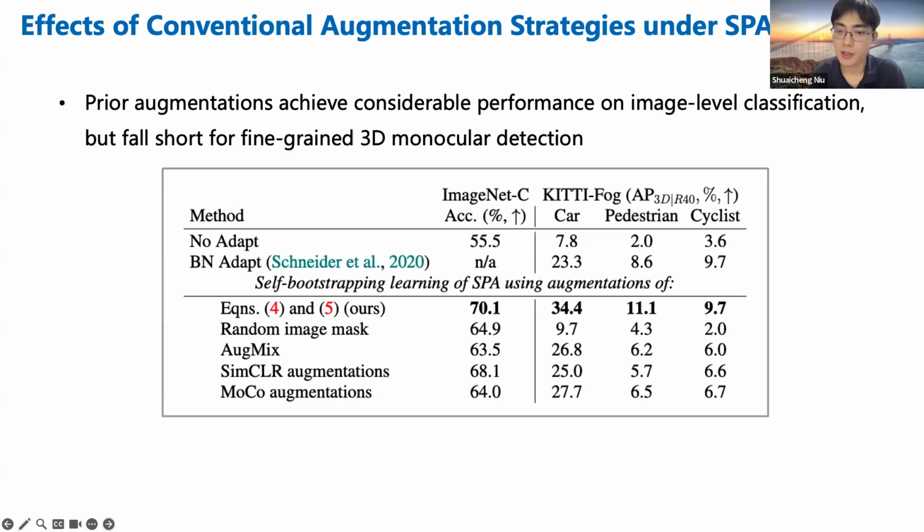This is because these augmentations, like random cropping and resizing, disrupt the image geometric structure, making them unsuitable for finer dense prediction tasks. In contrast, our augmentations are geometry preserving and supply rich learning signals for weak to strong self-bootstrapping learning, achieving improved adaptation performance.